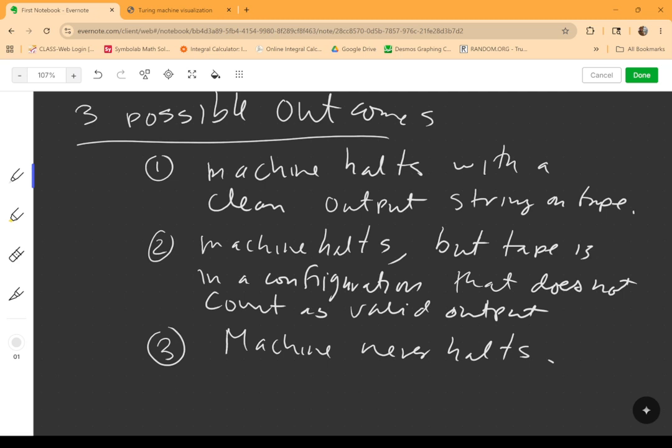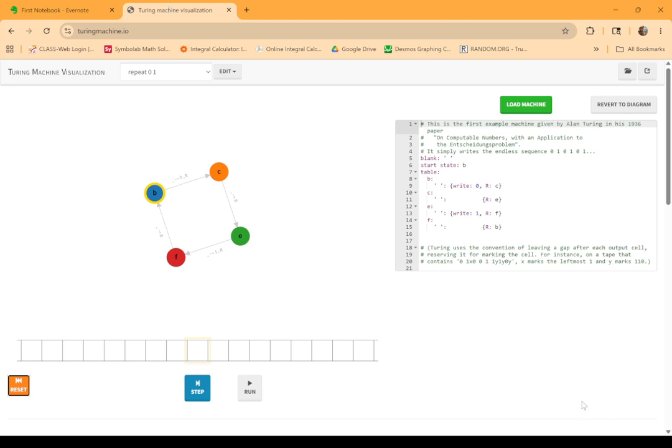So the key upgrade from a DFA to a Turing machine is the read-write tape, movement in both directions, and the possibility of not halting. In the next video, we'll look at diagrams for Turing machines and trace machines on some concrete inputs.